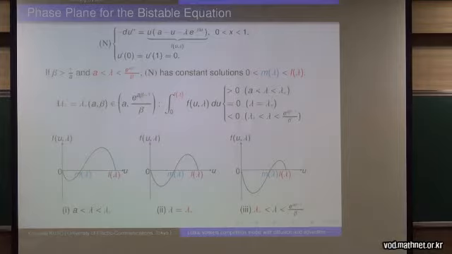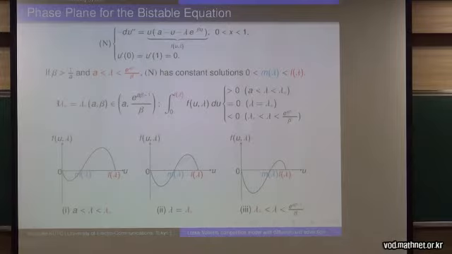So you can find a unique number lambda star such that this integration is equal to 0. This is a very important number. I will call this number lambda star the balanced number. Okay? Balanced number. So if lambda is less than the balanced number lambda star, this integration is positive. If lambda is larger than lambda star, this integration is negative. Only when lambda is equal to the balanced number, this integration is equal to 0. Okay?